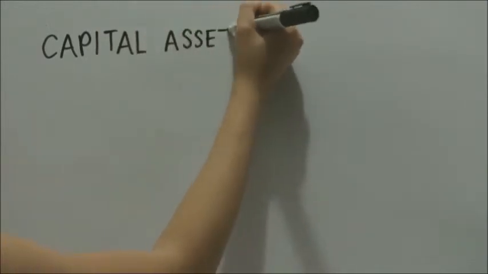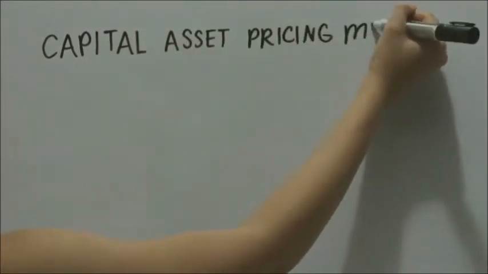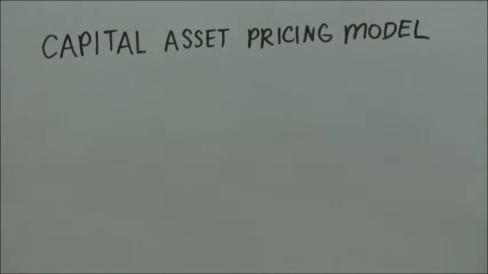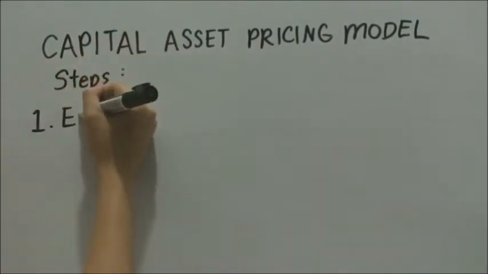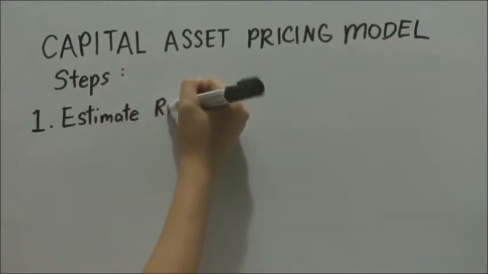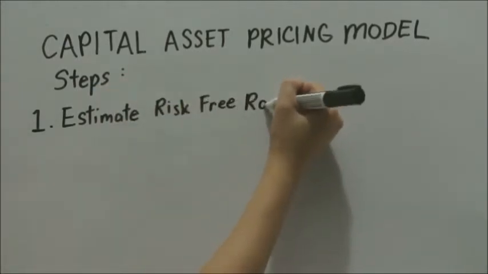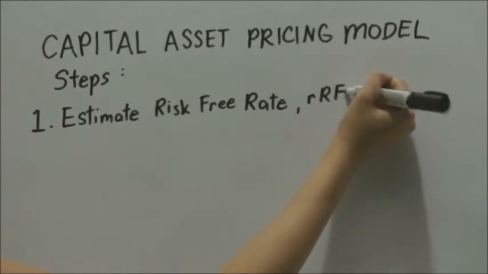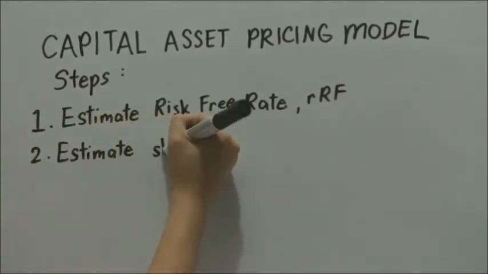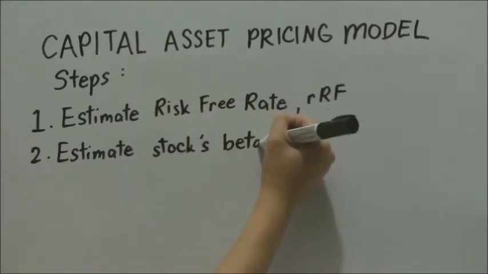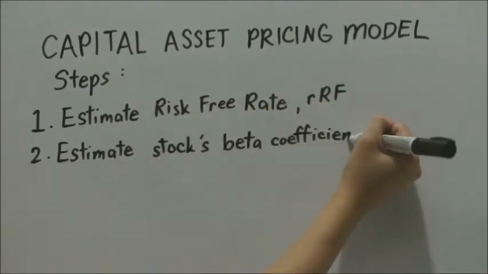The most widely used method for estimating the cost of common equity is the capital asset pricing model. Here are the steps you need to follow. Step 1. Estimate the risk-free rate, or RRF. Step 2. Estimate the stock's beta coefficient, BI, and use it as an index of the stock's risk.